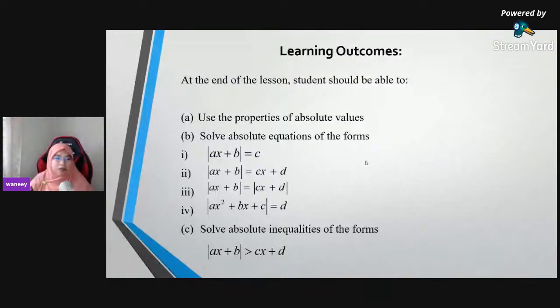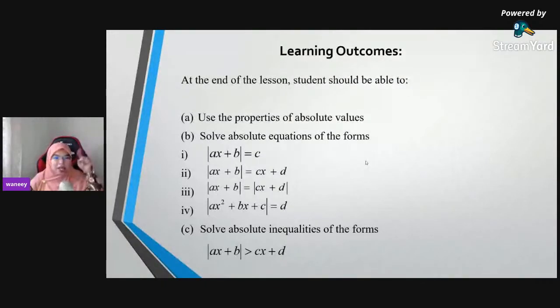We do have a few properties of absolute values, and then you should be able to solve absolute value equations of the form: absolute value of ax plus b equal to c, absolute value of ax plus b equal to cx plus d, absolute value of ax plus b equal to absolute value of cx plus d, and then absolute value of a quadratic function ax squared plus bx plus c equal to some constant d.